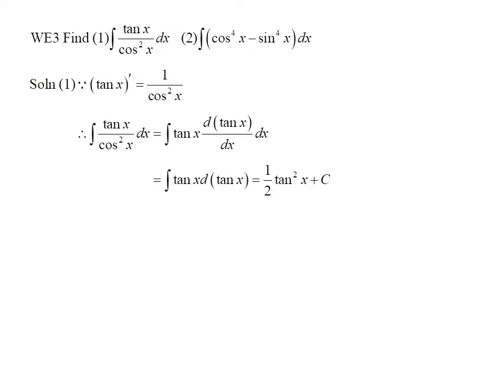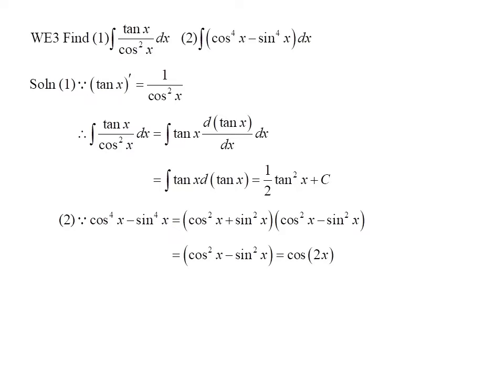As for the second antiderivative, since cos to the fourth of x minus sine to the fourth of x can be written to the sum of cos squared of x and sine squared of x times the difference of cos squared of x and sine squared of x, as shown on the screen, which equals cos squared of x minus sine squared of x, which is cos 2x.